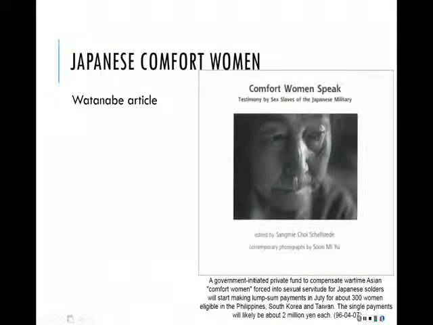All right, so that's one incident. If we move forward during the war, this is where the next article, or one of the articles in the text, the military comfort women, comes in. This is a Watanabe article, and this is where you have an institutionalized form of sexual violence that is not uncommon around military installations.